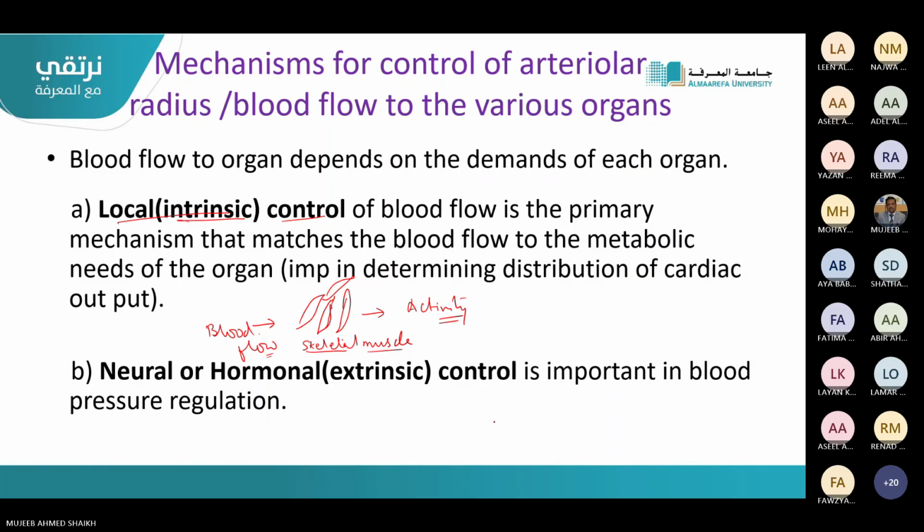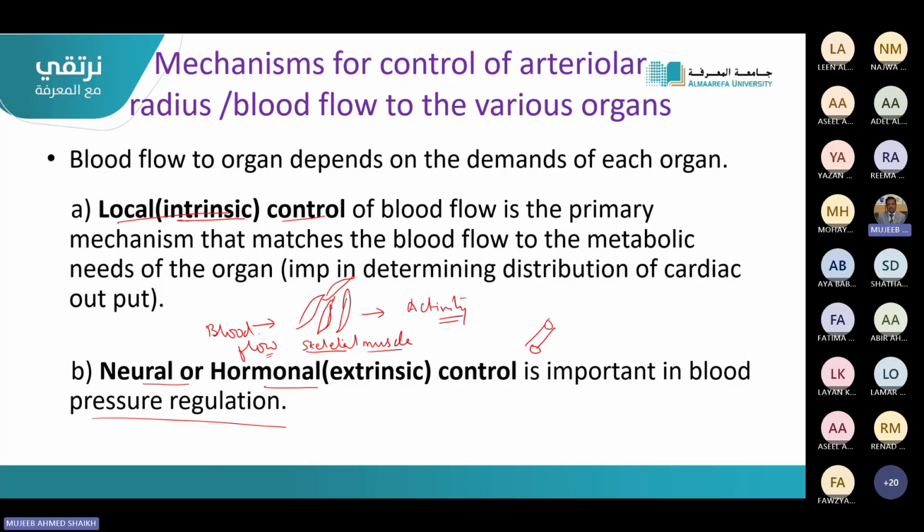Okay. The second mechanism is neural or hormonal. It is responsible for regulating the blood pressure. That means something coming from outside and regulating the size of the vessel, leading to blood flow regulation. So it is through the nerves or release of hormones.